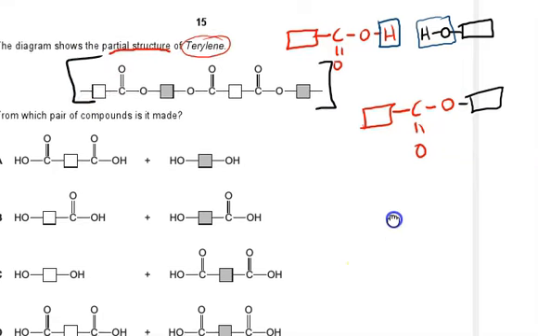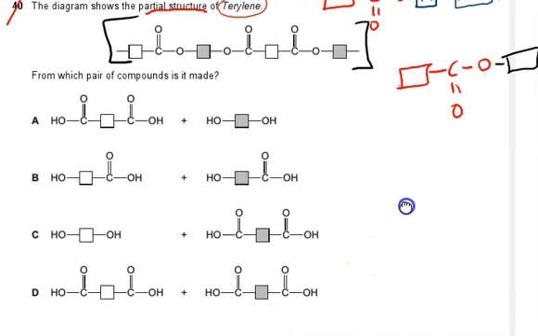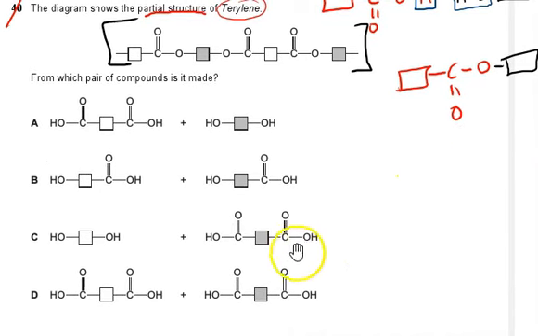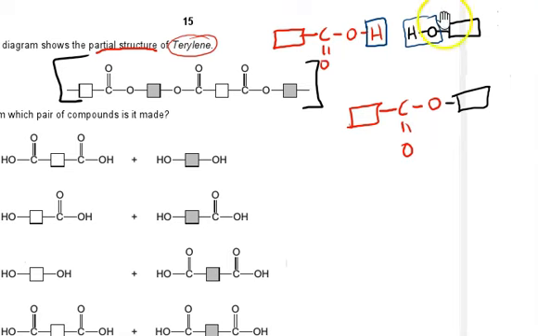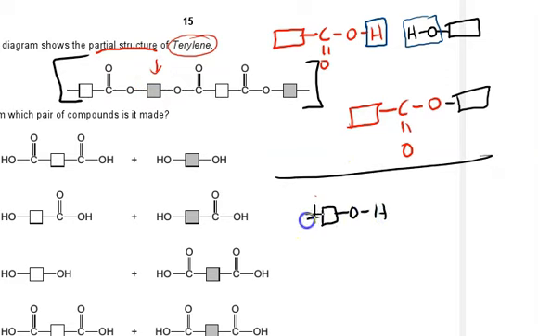So now let us take a look. From the picture here, what I've drawn over here, you can notice that the black color box is actually the OH. However, the white color box, which contains the carbon and the double bond, is this.